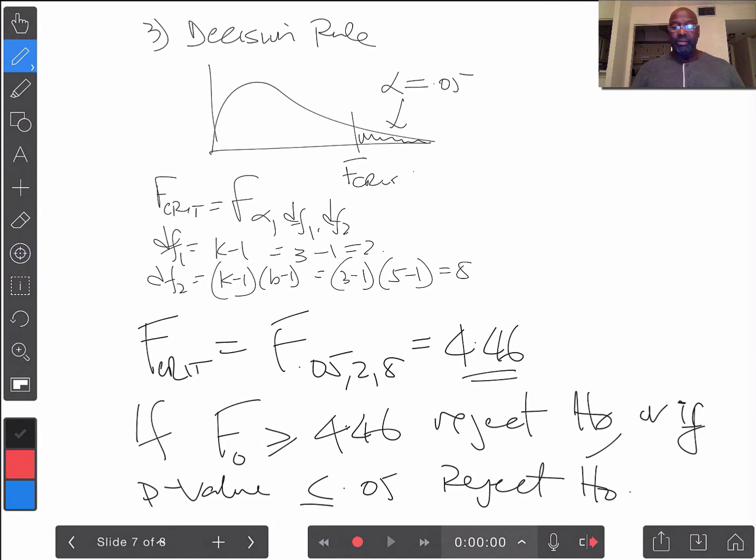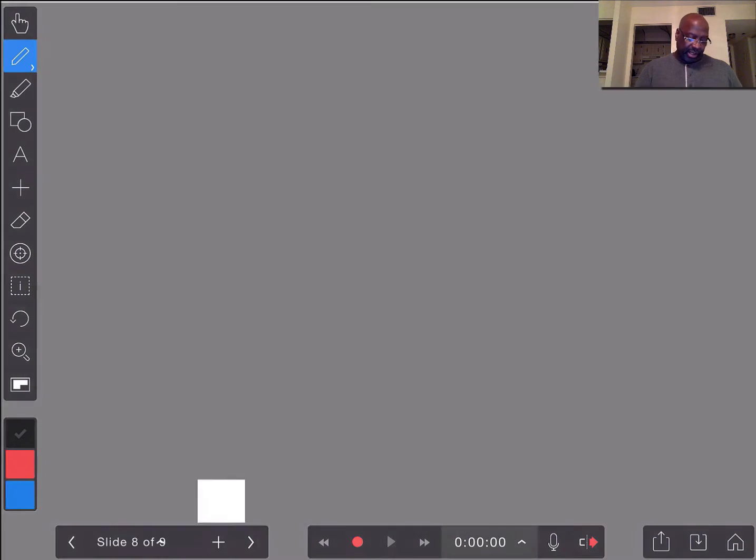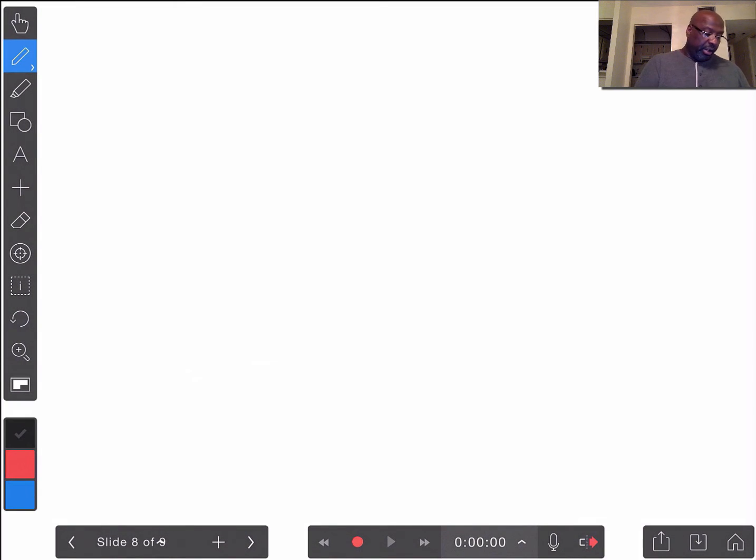Step 4, our calculations. So this is where we have some fun. Let's do a nice clean sheet for that one. So first thing we need is SSTR, the sum of squares due to the treatments.